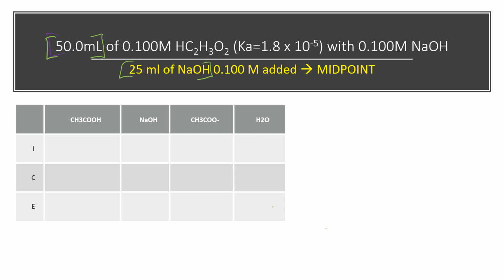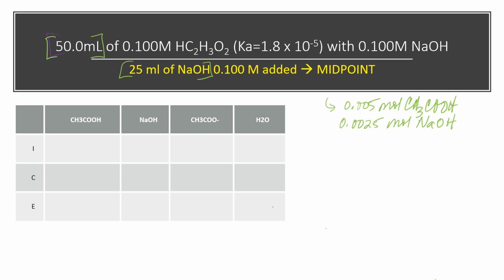Well, if we think about it for a moment, 50 ml of 0.1 molar acetic acid is going to give us 0.005 mole of acetic acid. 25 ml of 0.1 molar NaOH is going to give us 0.0025 mole of NaOH. That looks suspiciously like half the amount of CH3COOH, so that will consume half of it, and form an equimolar quantity of acetate ion.